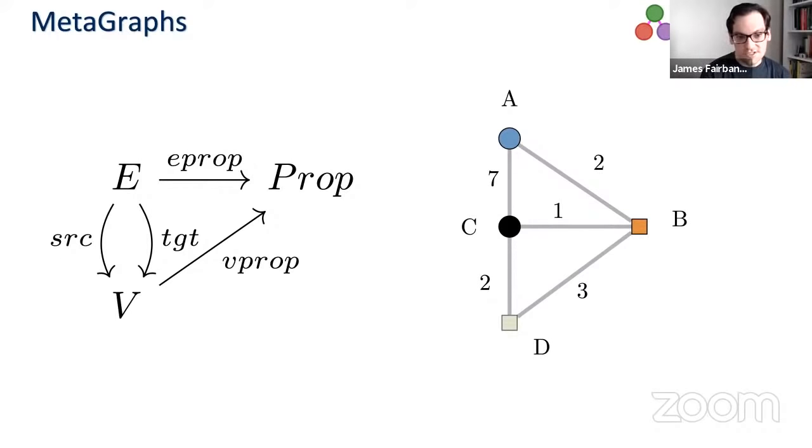So you can use this to give shapes to the vertices, give them names, put weights on the edges, and even do multi-edges by having a number or a list of edges on that edge.